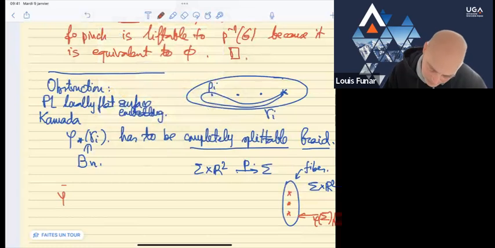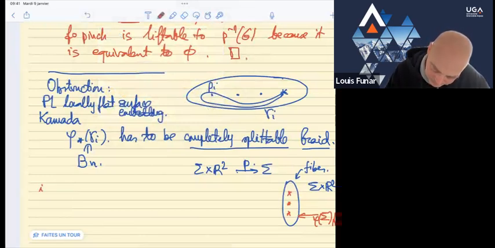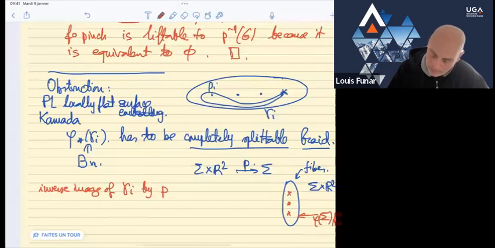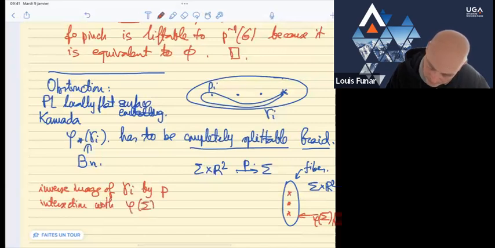It is phi of, sorry. Taking the inverse image of gamma I by P and its intersection with phi of sigma.